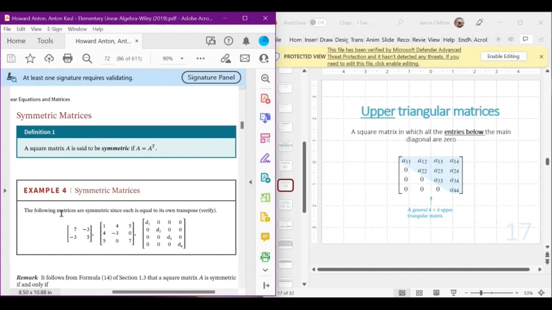The way that I was glancing at these was checking to see if there's reflection across the diagonal. So I wouldn't even need to do the work. If they're symmetric, the transpose is going to be the same as the original matrix. So you should see a reflection across that diagonal. Now, keep in mind, what does this work for? Square matrices.